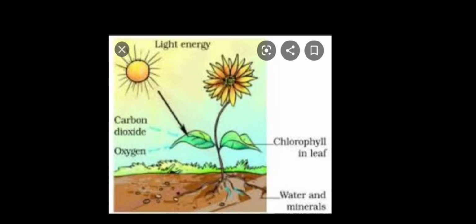After that, the water and minerals present in the soil are absorbed by the roots and reach the plant. So, the plant is basically utilizing these inorganic materials and preparing the organic food, which is basically starch or sucrose.